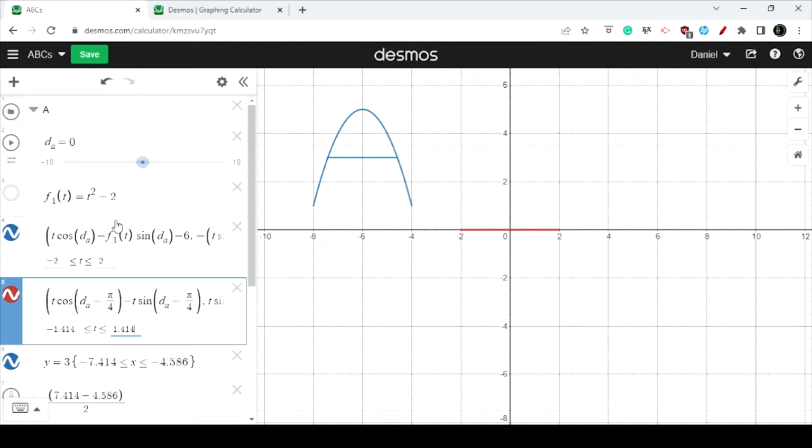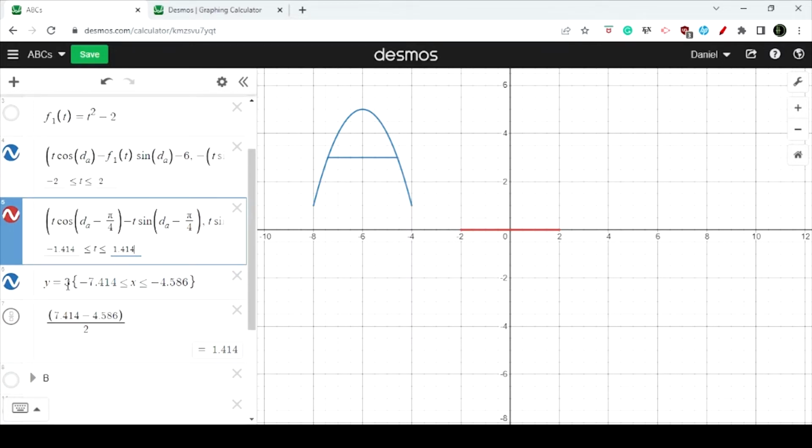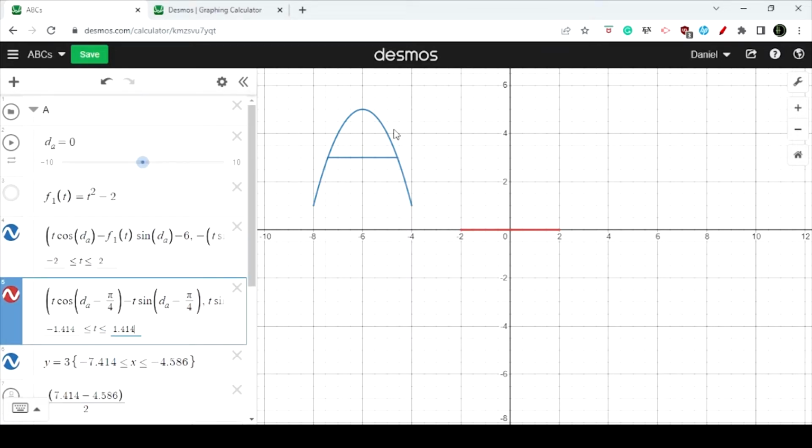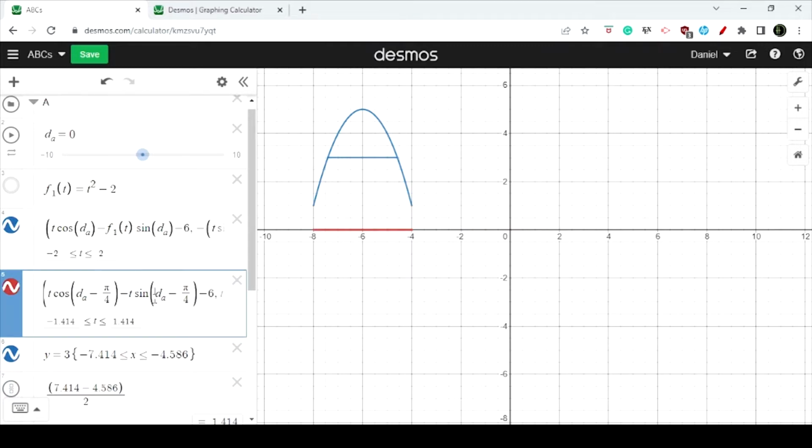This is centered at, so we're gonna move left 6, and then we're gonna move up 5. No, 3.